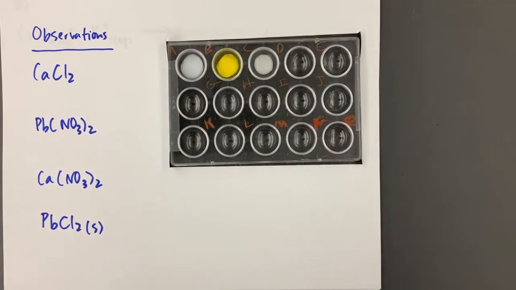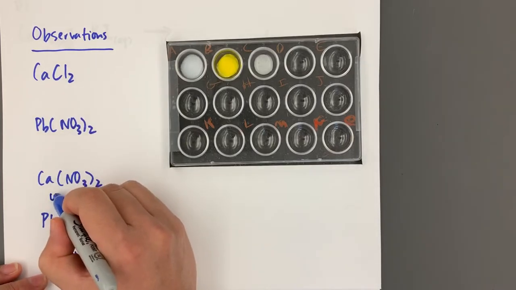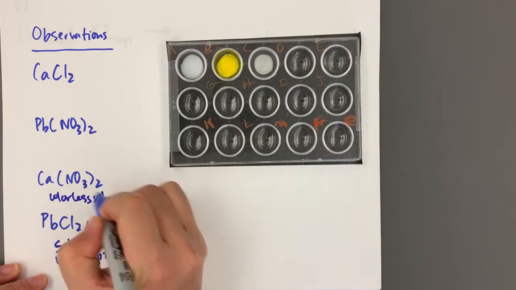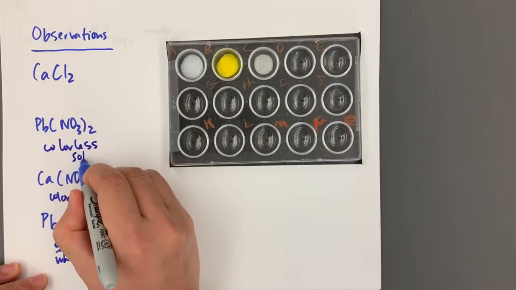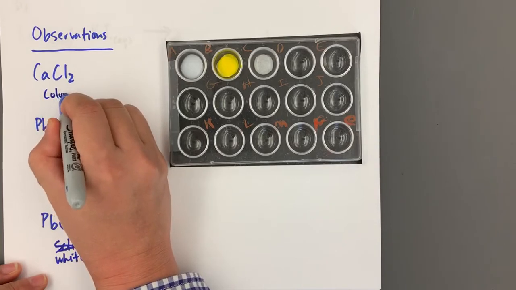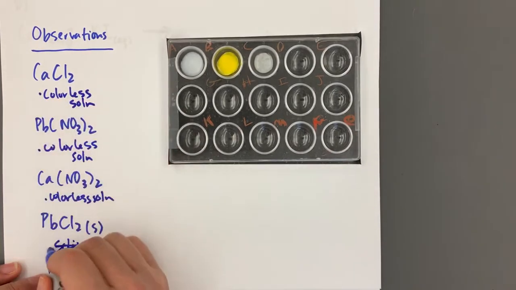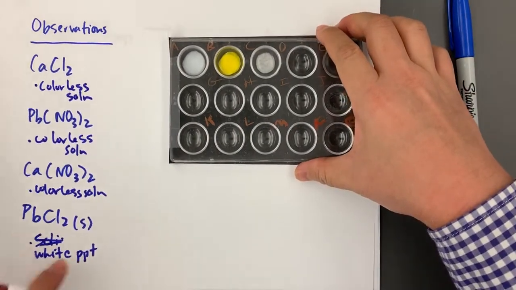So here, you're going to put solid or white precipitate. Okay. For all of the other ones, you're just going to write colorless solution. Okay. So, this is our third reaction.